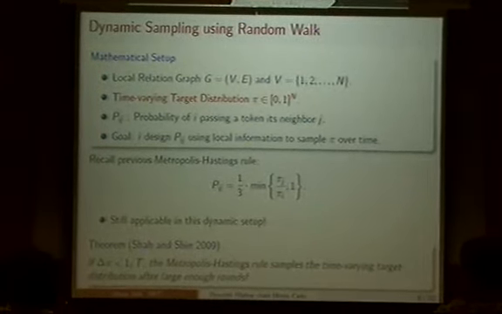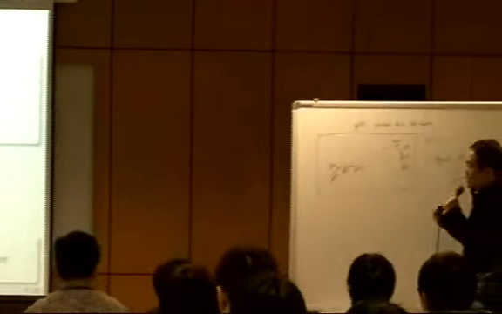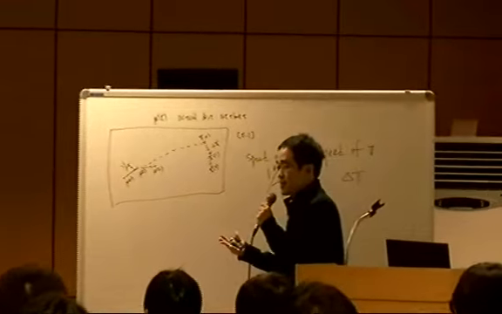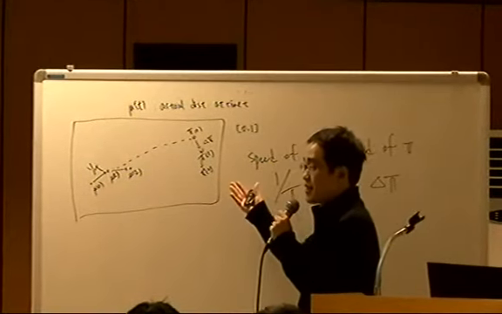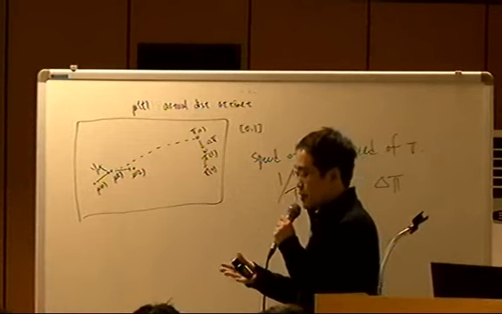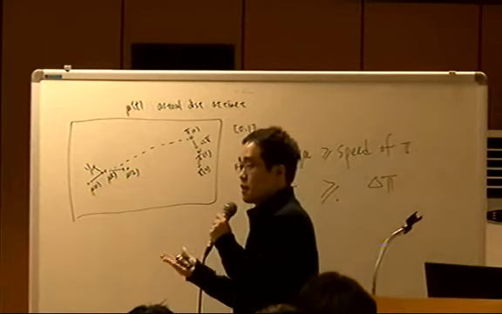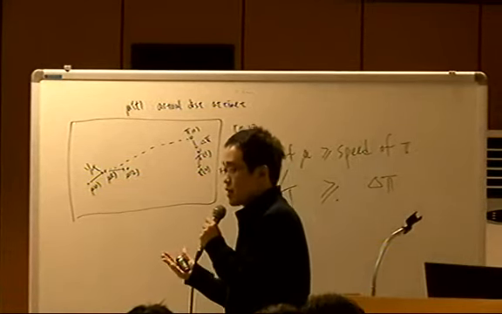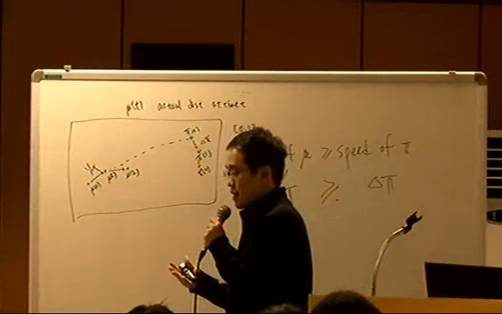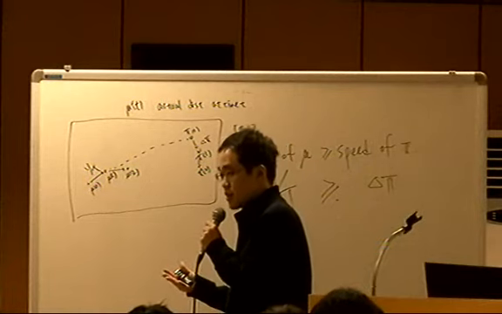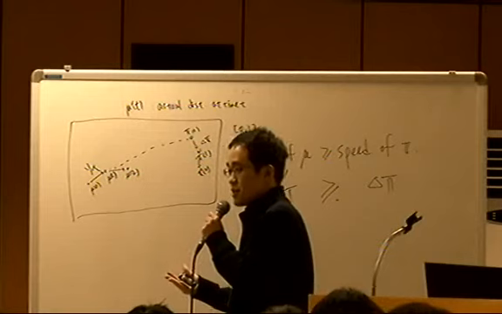There can be many methods to measure this pi t. How to measure it is a non-trivial question. Total variation distance is one such method, but you can also think about chi-square distance or entropy distance.